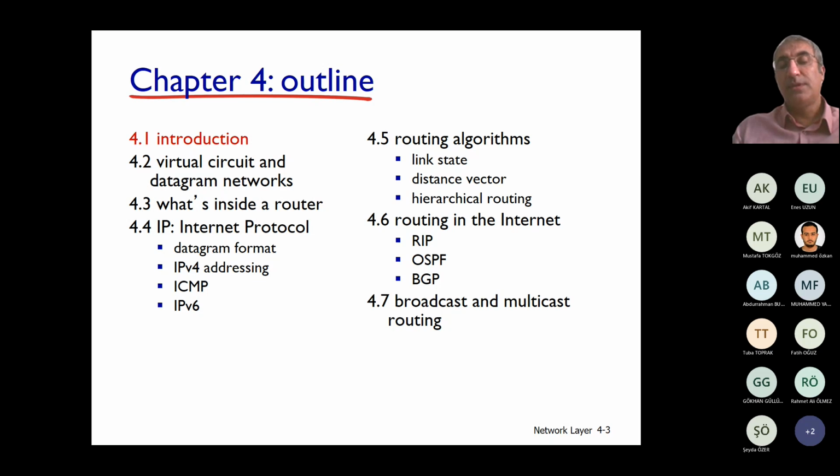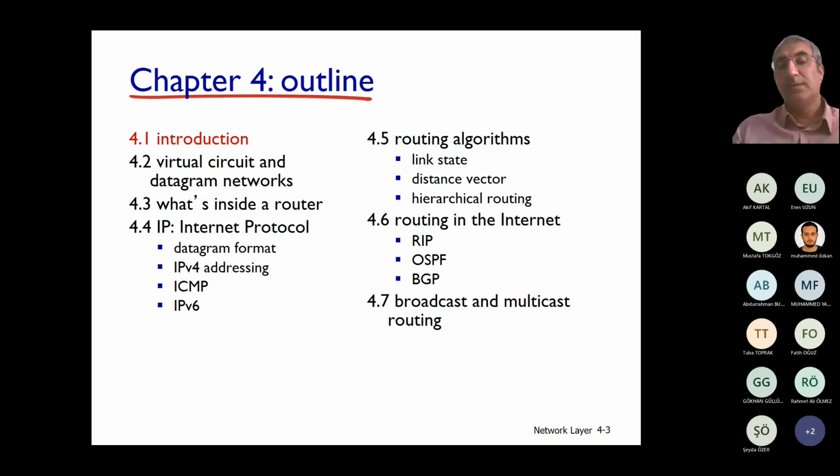And the last topic for today is going to be the IP protocol, which stands for Internet Protocol. We use this term a lot, and we need to study the details of this protocol, including the format of this protocol and different versions of it, including IP version 4 and IP version 6. And how do we handle the address issue in this case?